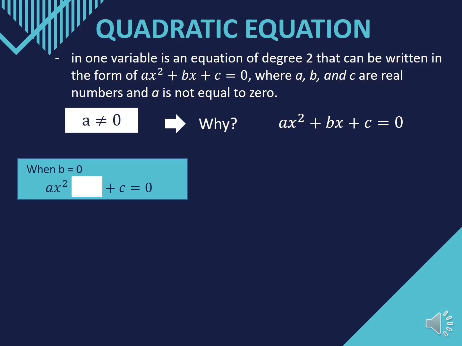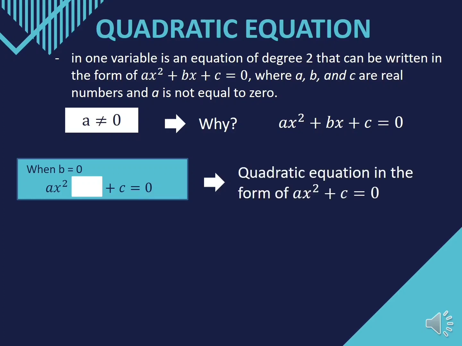So therefore, that will become ax squared plus c is equal to 0. So therefore, it is a quadratic equation in the form of ax squared plus c is equal to 0. That is the time when b is equal to 0. Nawawala yung ating b. Kasi yung b natin ay 0 na. So, it will become ax squared plus c is equal to 0.